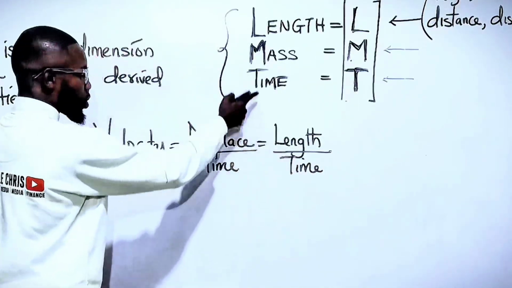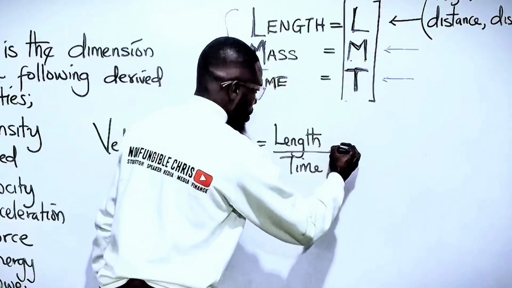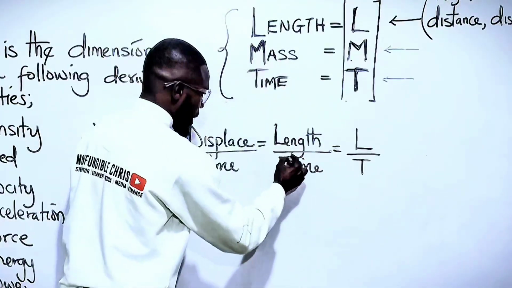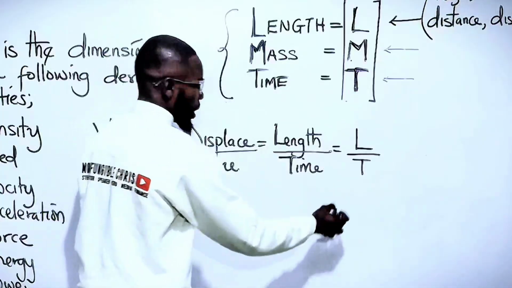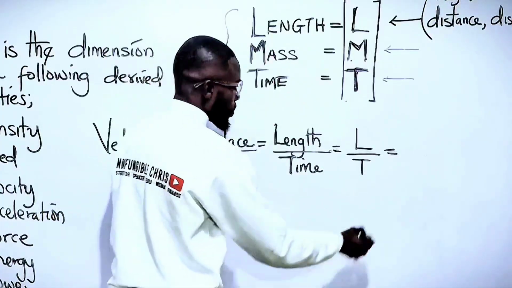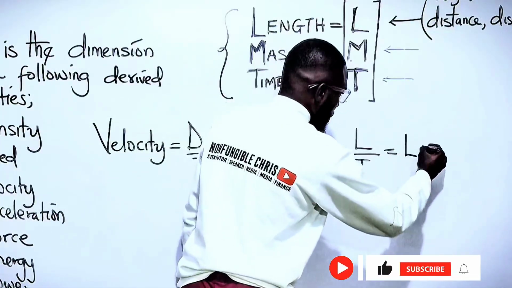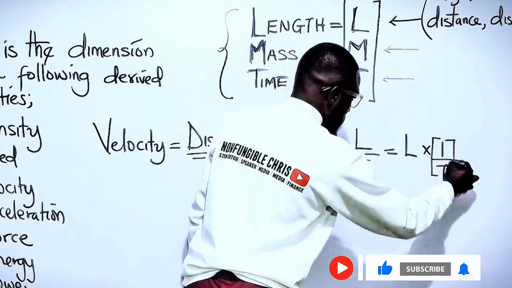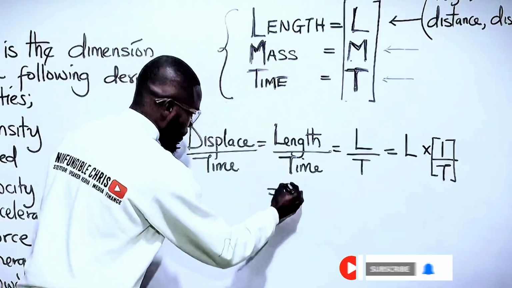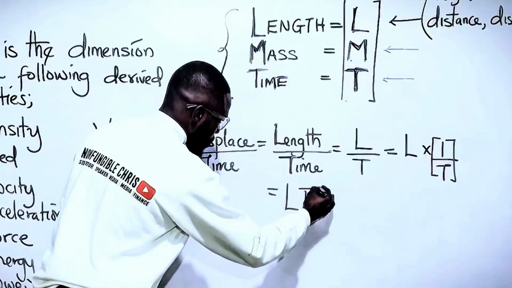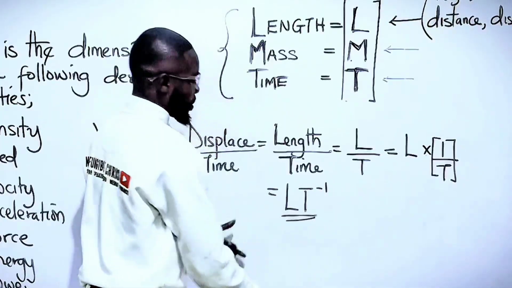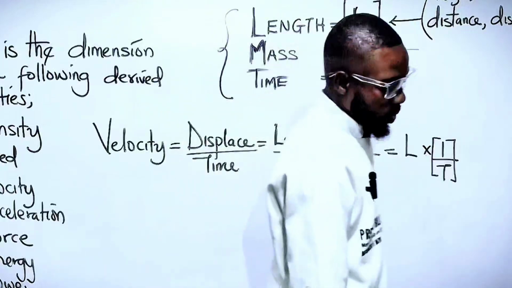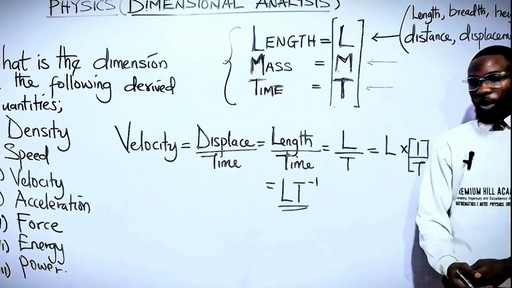Since both of them are part of our basic fundamental quantities, all we have is L over T. Just pick their first letter here, right? And by doing that, if we express them in our index form, we're going to have L times 1 over T, which gives us this 1 over T here gives us what? L times T raised to the power minus 1. Very simple, right? That's for velocity. Our dimension for velocity is LT raised to the power minus 1.